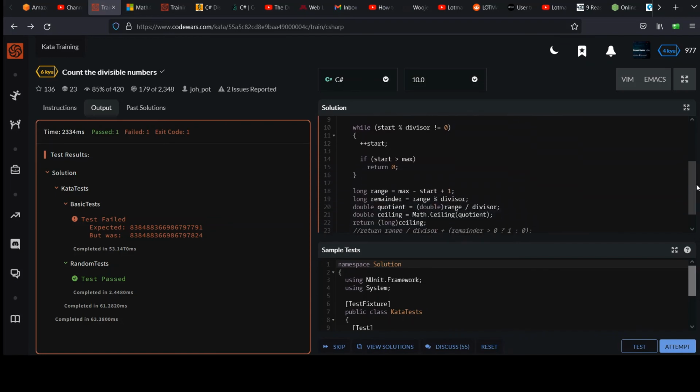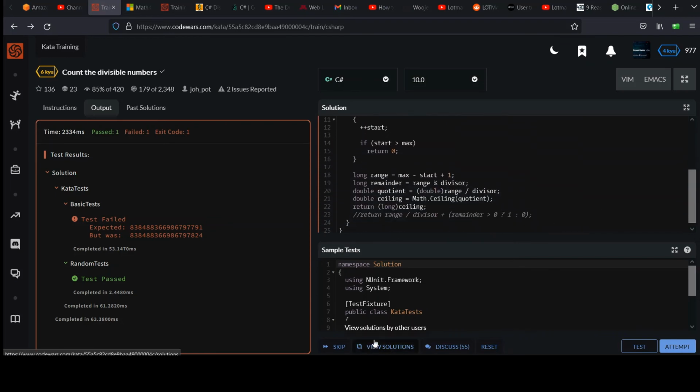Maybe I could put in a print statement here to show what's happening, so let's do that. Console.WriteLine, and we'll say quotient and ceiling.